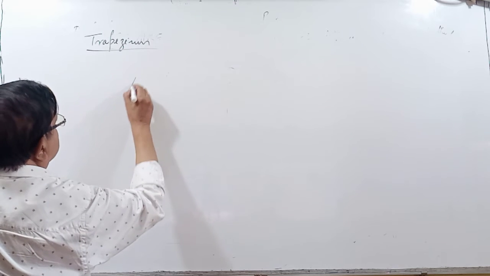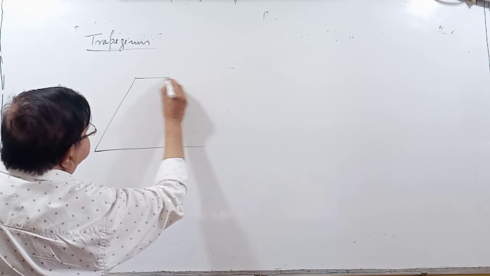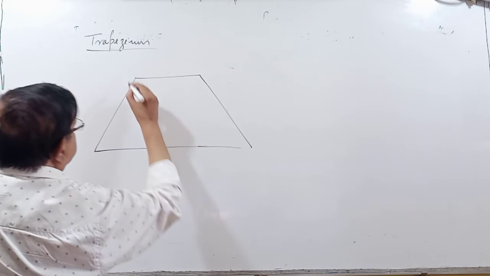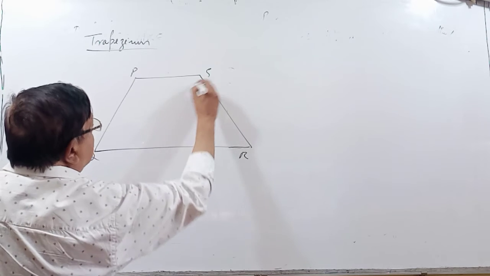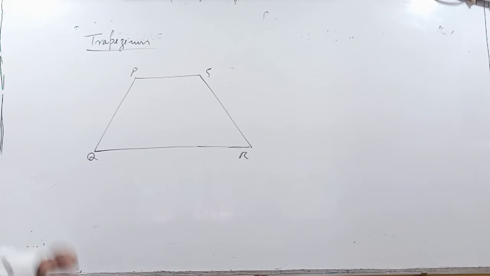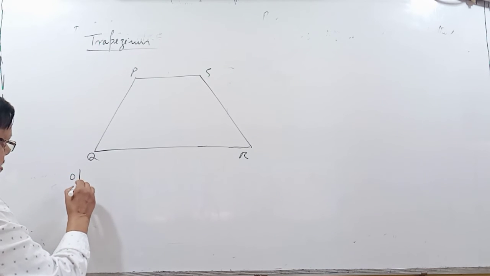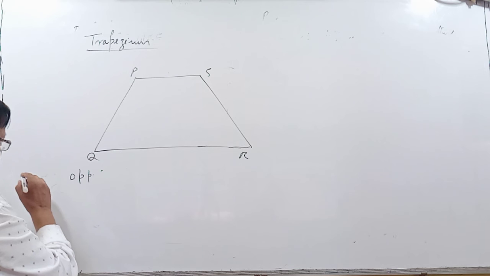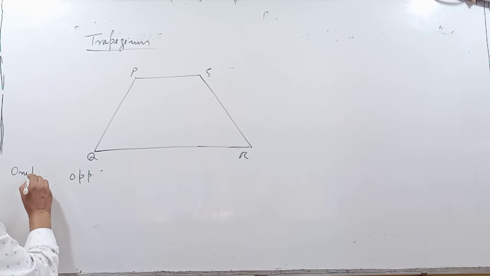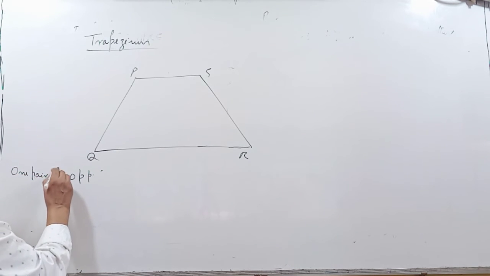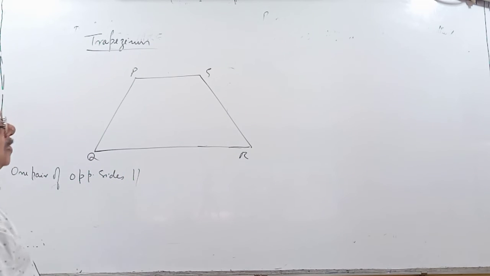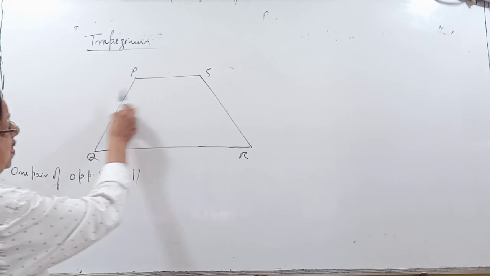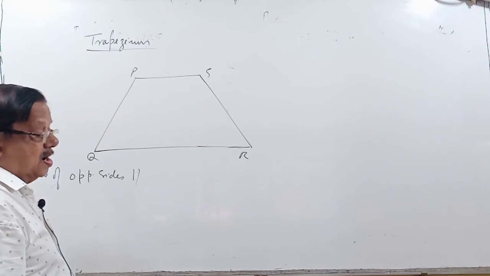Trapezium has got one property: one pair of opposite sides parallel. In a parallelogram, both pairs of opposite sides are parallel.